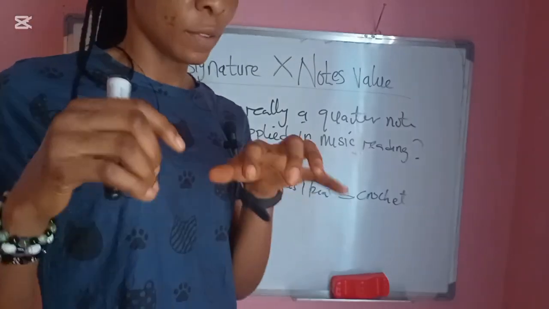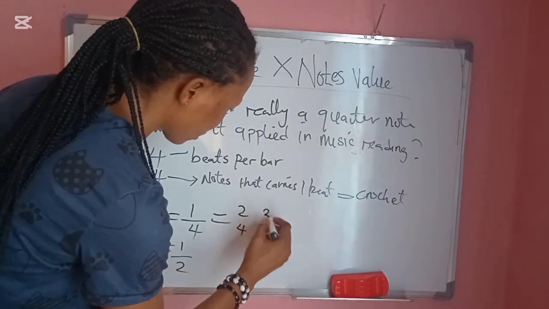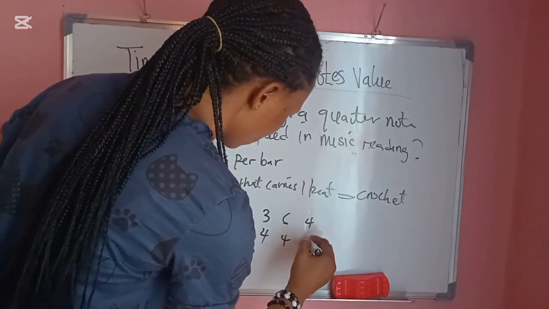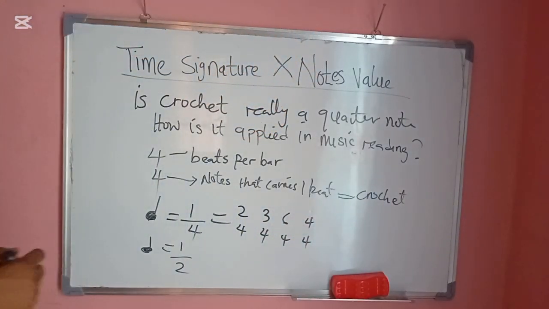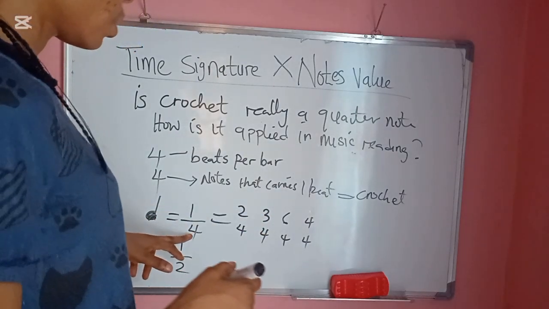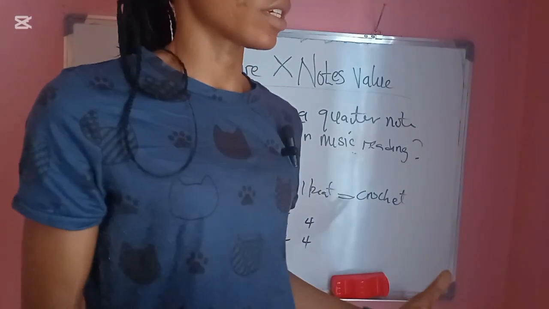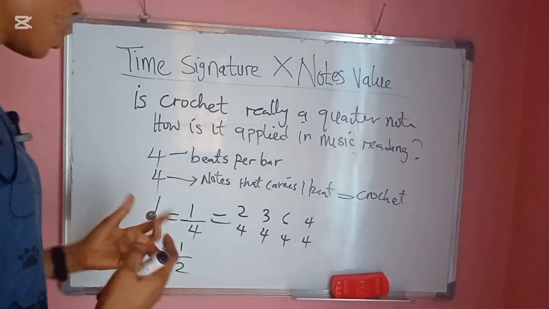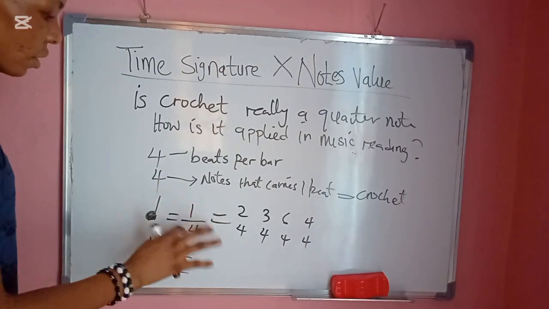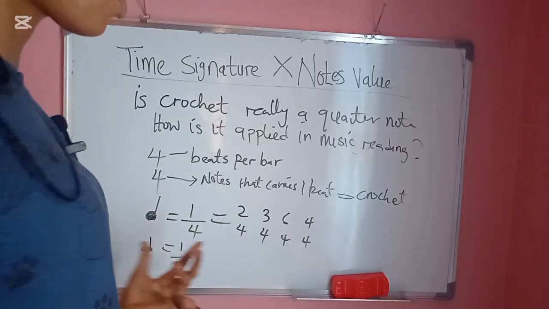This crochet is seen as 4, and in every music, if the lower number is 4, that means it stands for crochet. In every music, if the lower number is 4, it represents crochet carrying 1 beat in that music. So I always take this to be the time signature that signifies crochet.